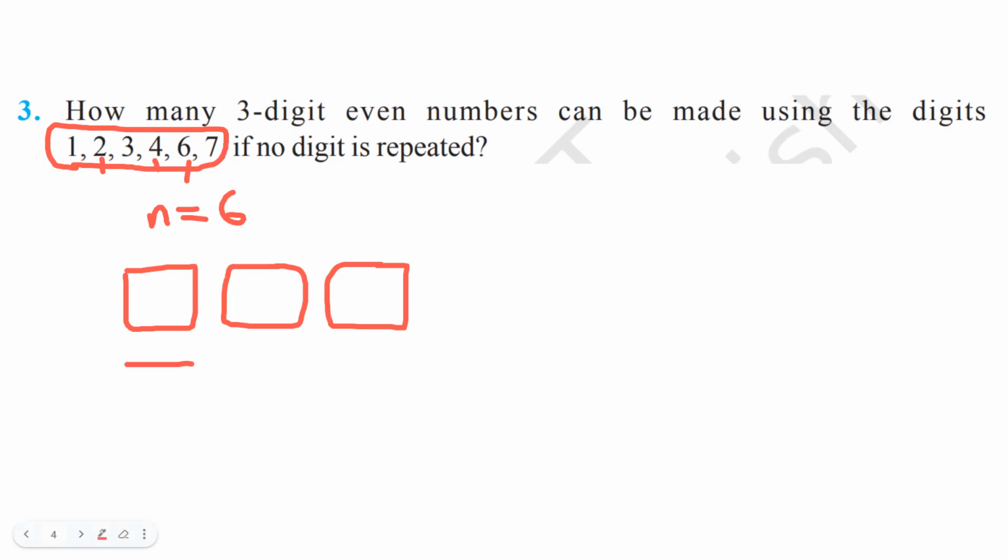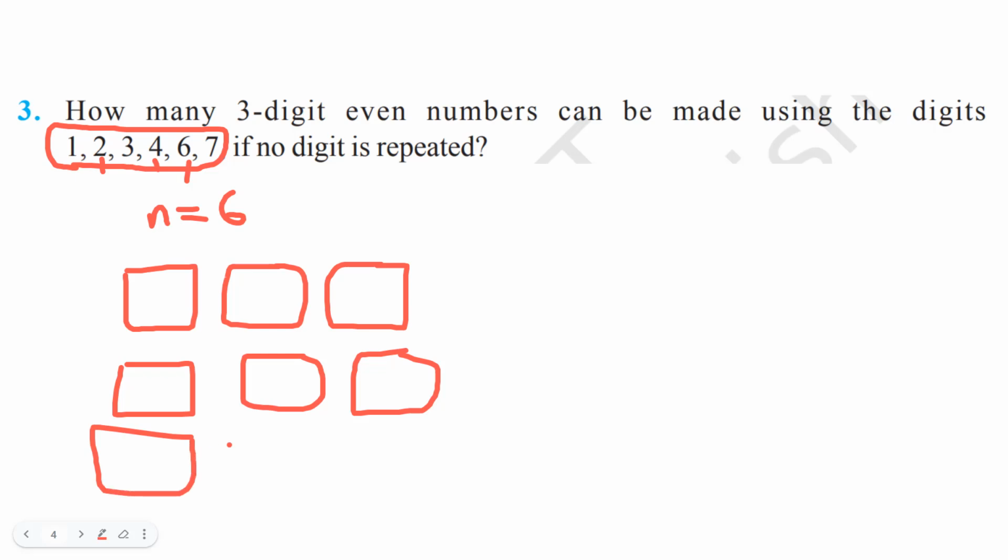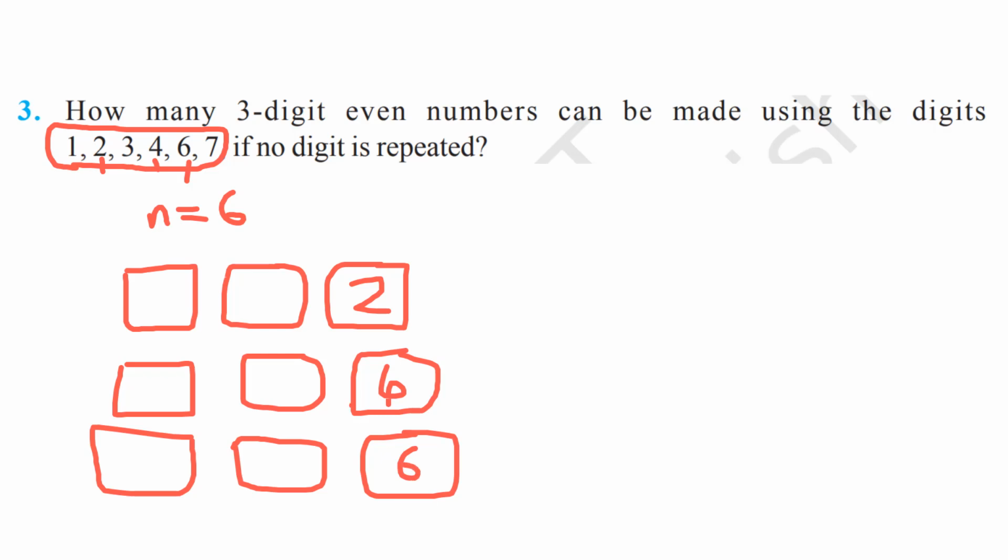So we will have 3 kinds of sets here: the 3-digit numbers that end with 2, 4 or 6. These are all the 3-digit even numbers that we can construct from these.